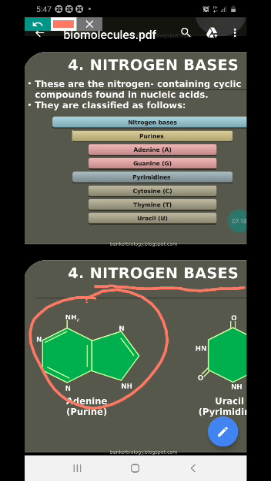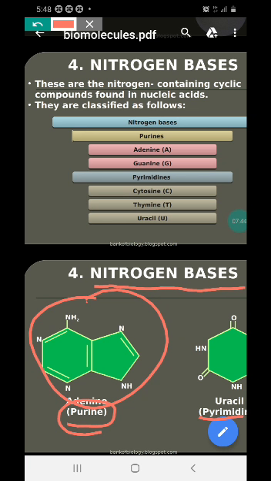Which are the nitrogenous bases. Now, what are these nitrogenous bases, children? Which are adenine, guanine. Both of them are purines. Because of the structural difference, the nitrogenous bases are divided into two, which are purines and pyrimidines.